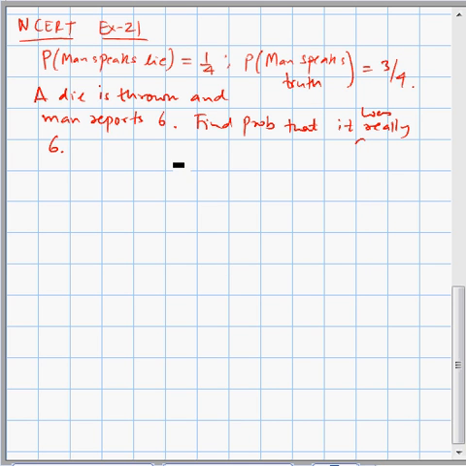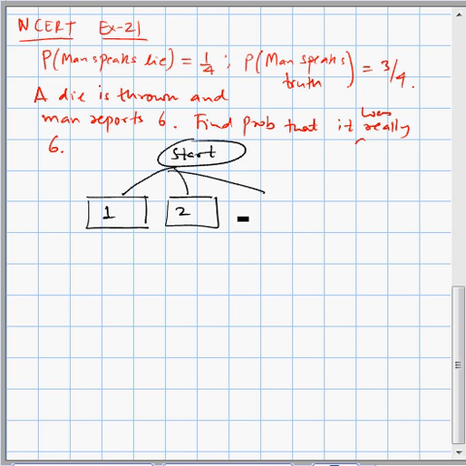So let's start this question. Let's draw the diagram to understand this question. The start of the experiment, and when die is thrown, it can show any of the first 6 natural numbers. It can show 1, 2, 3, 4, 5 and 6. So we need not make so many cases.